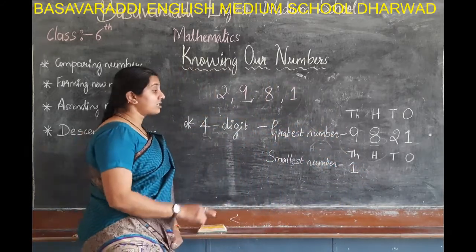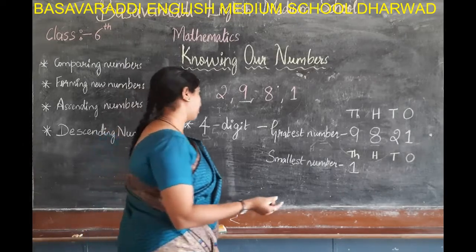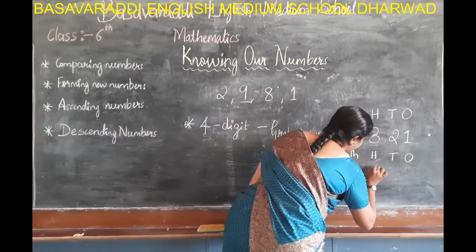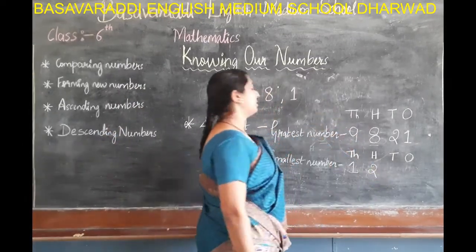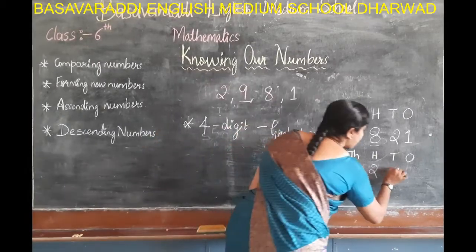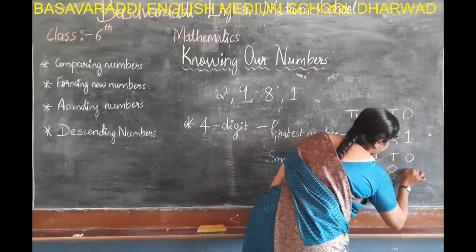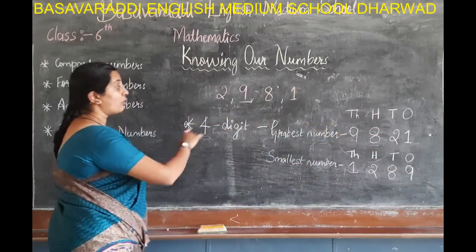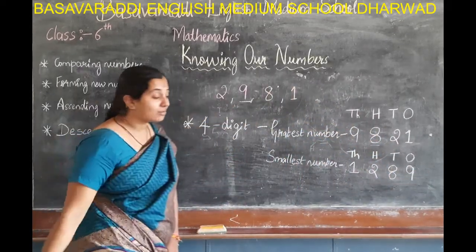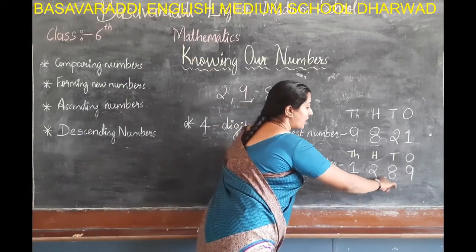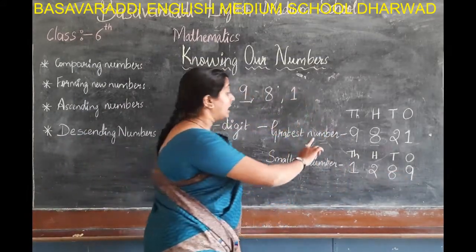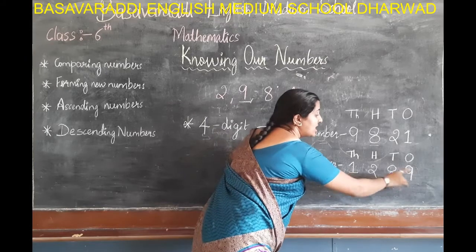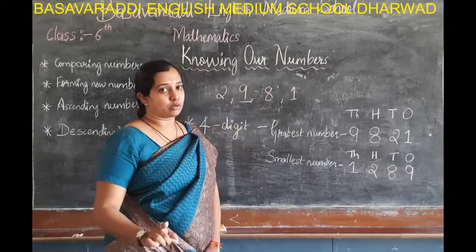Then next smallest, of course, we have 2, then 8, and lastly we have 9. So the smallest number formed from these digits is 1289. No single digit is being repeated here also.